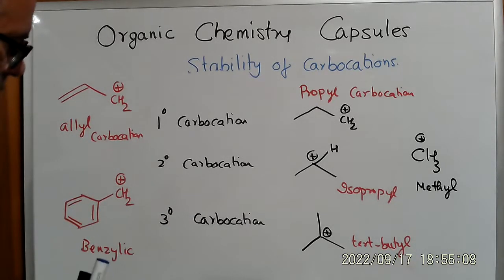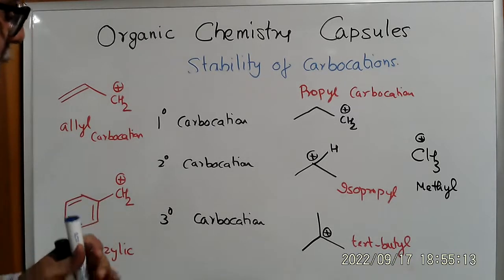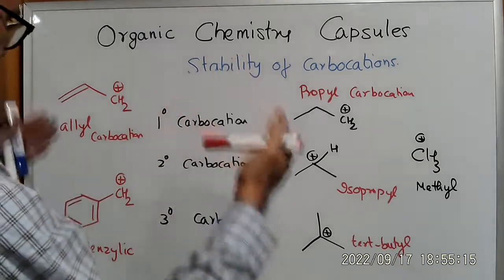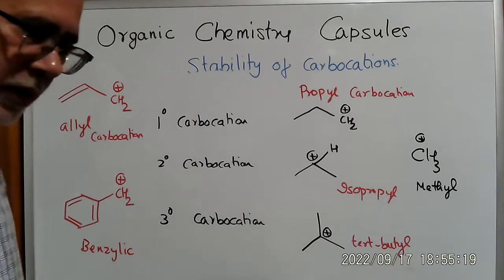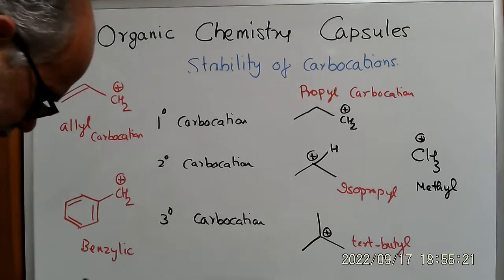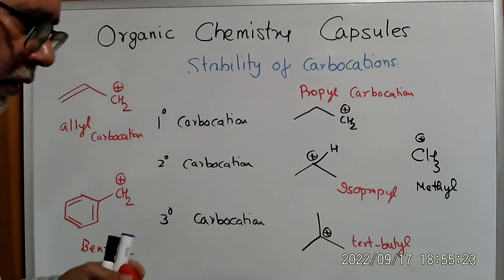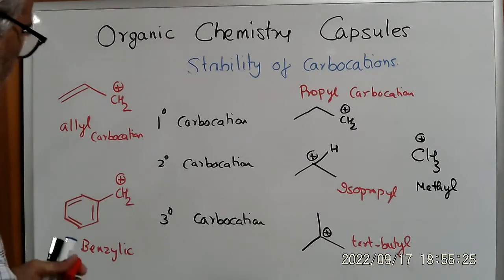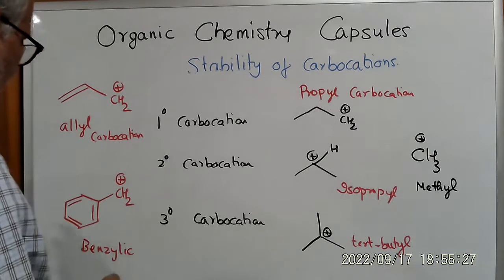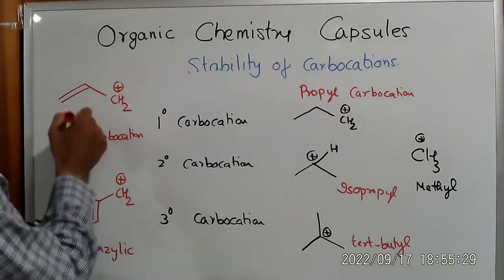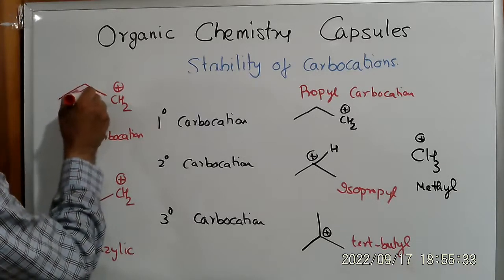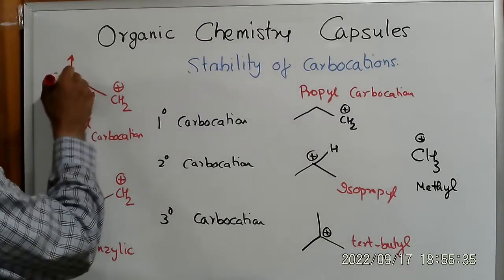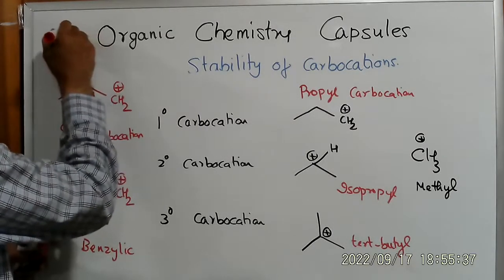So in the next video, we'll look at the factors that affect the stabilities of these carbocations. We are very familiar with one factor that affects stability, which is resonance, and you can immediately see here the allylic carbocation can have a resonance structure which makes this stable.